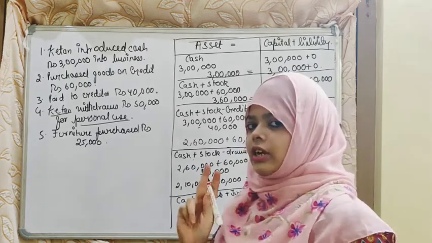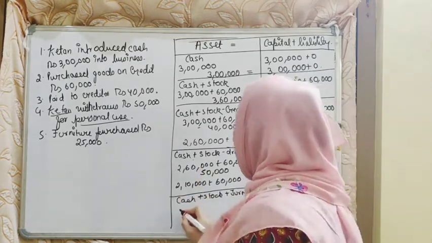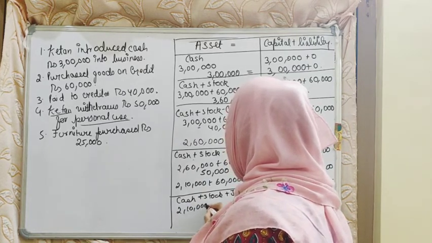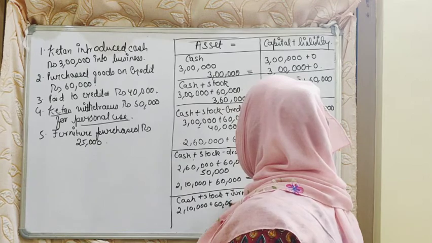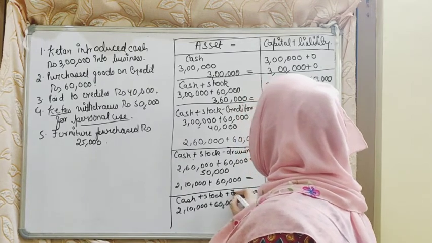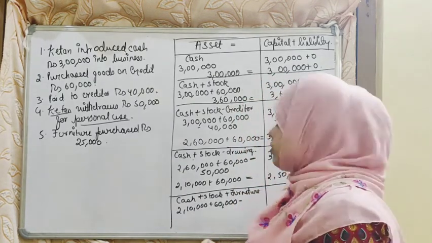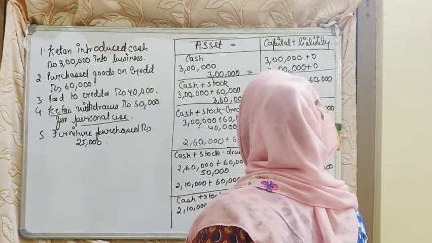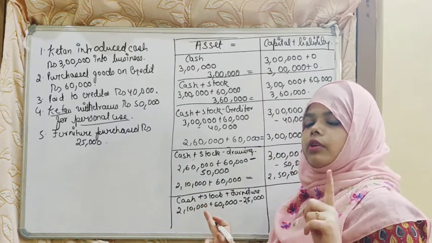So this transaction has twofold effect, that is cash we are having 2,10,000 plus stock 60,000 minus furniture amount. What is the furniture amount? 25,000.